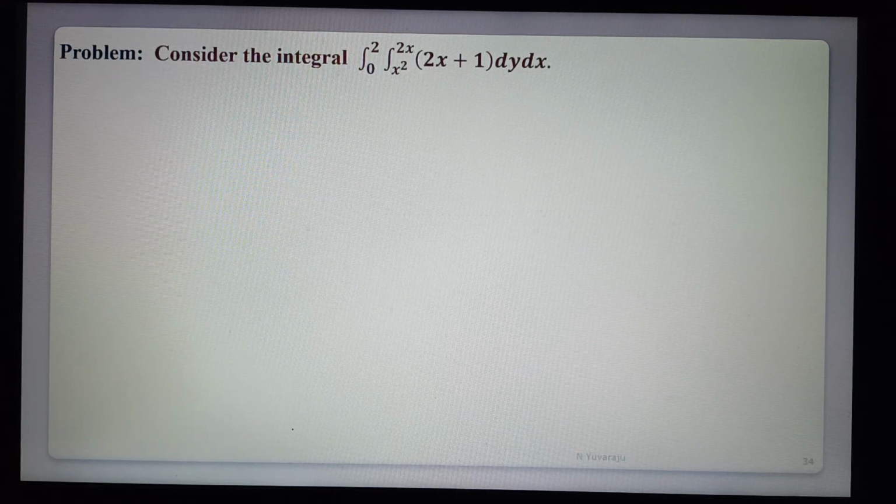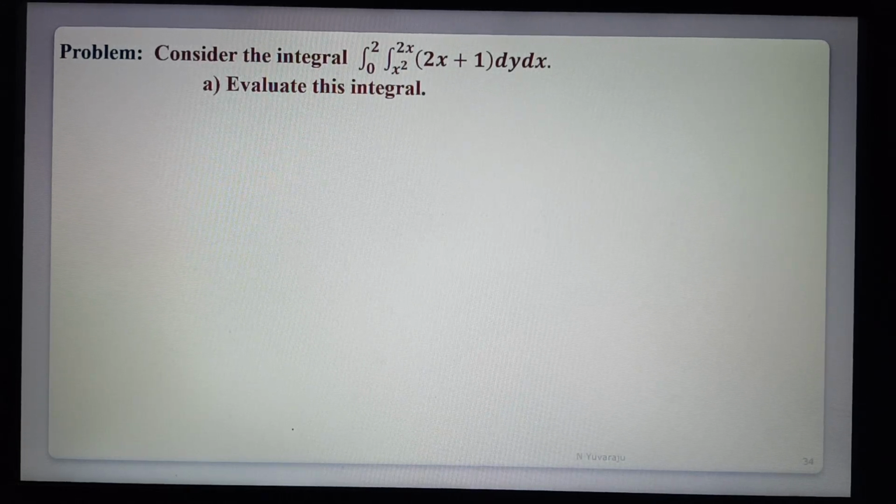So consider the integration 0 to 2, integration x squared to 2x, of 1 into dy dx. You are clearly observing the given integration. The first integrating limits are functions of x, that is the y limits, and the second limits are x limits, so the given region of integration consists of a vertical strip because the x limits are constant, so the y limits are functions of x.